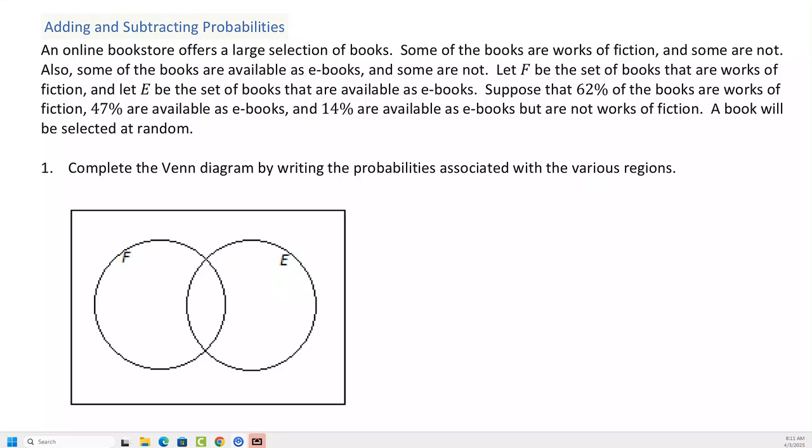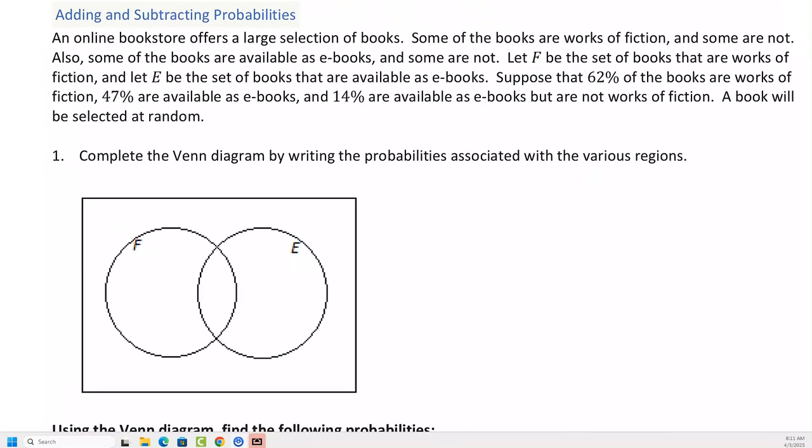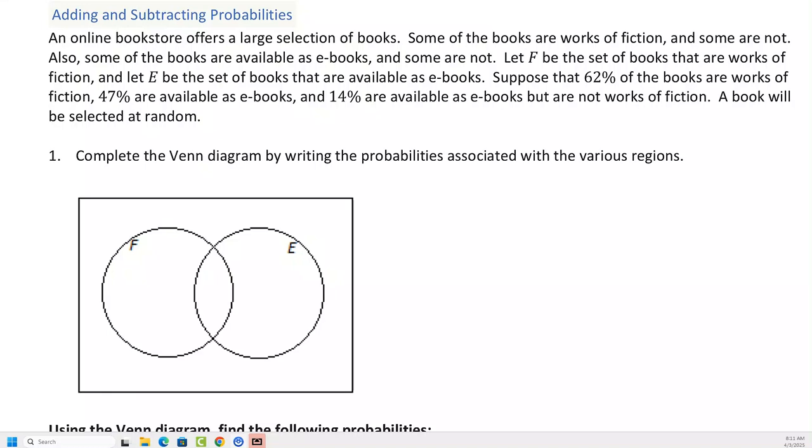So we're going to put this together both as a Venn diagram and as a hypothetical 1,000 two-way table. Let's go through and do the Venn diagram first. This will be a good review. The first piece of information is that 62% of the books are fiction.